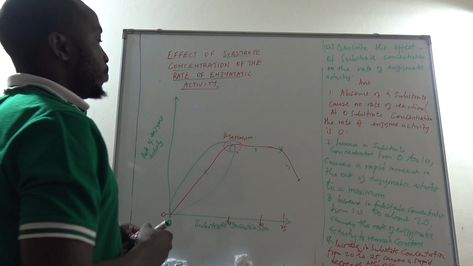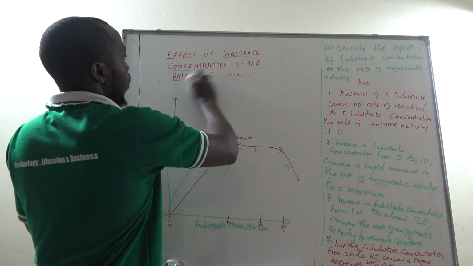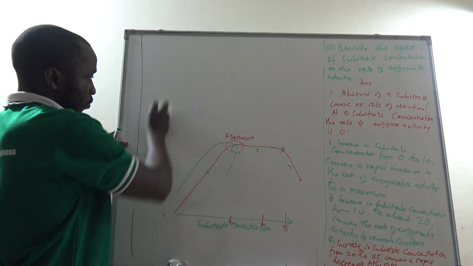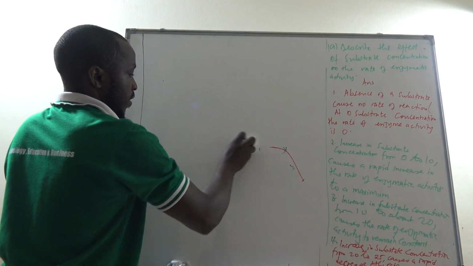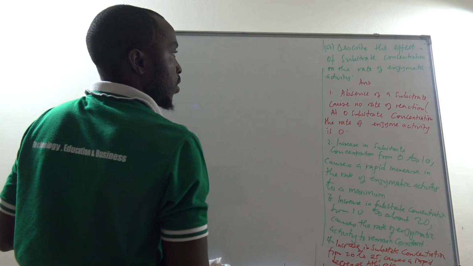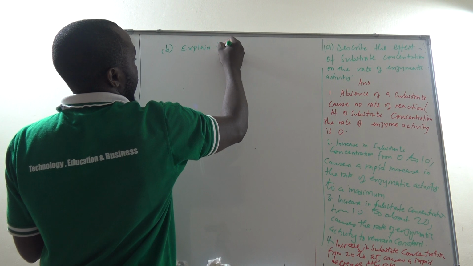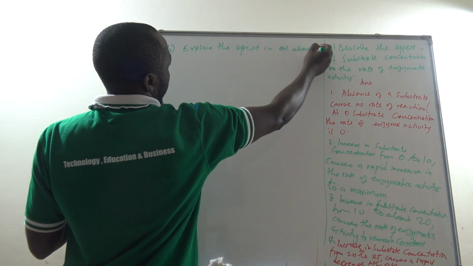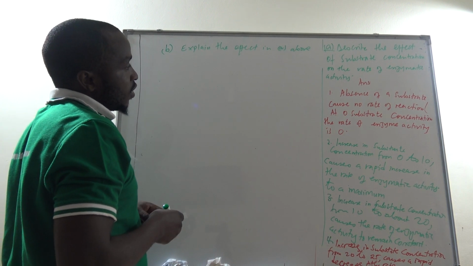So if the question B says explain the effect of substrate concentration on the rate, if that is our question B, explain the effect in A above, meaning this A. How do we explain it?